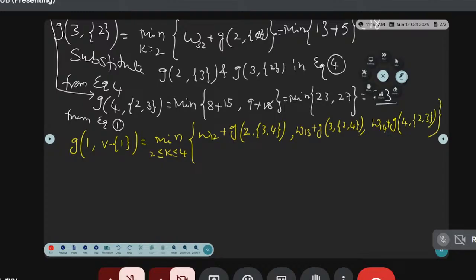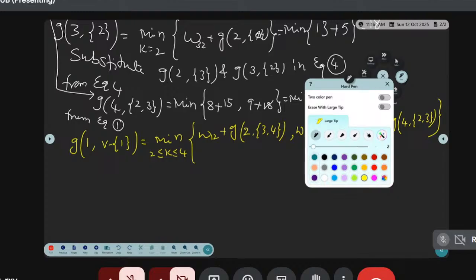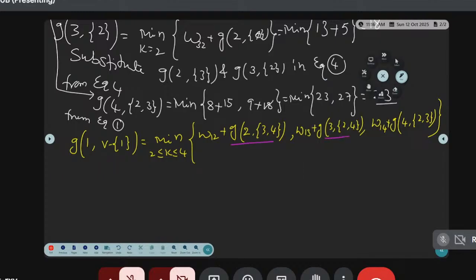This is equation 1. Here we know already these values. This value you know already. This you know already. ఈక్వేషన్ 2, ఈక్వేషన్ 3, ఈక్వేషన్ 4 లో we have values directly.